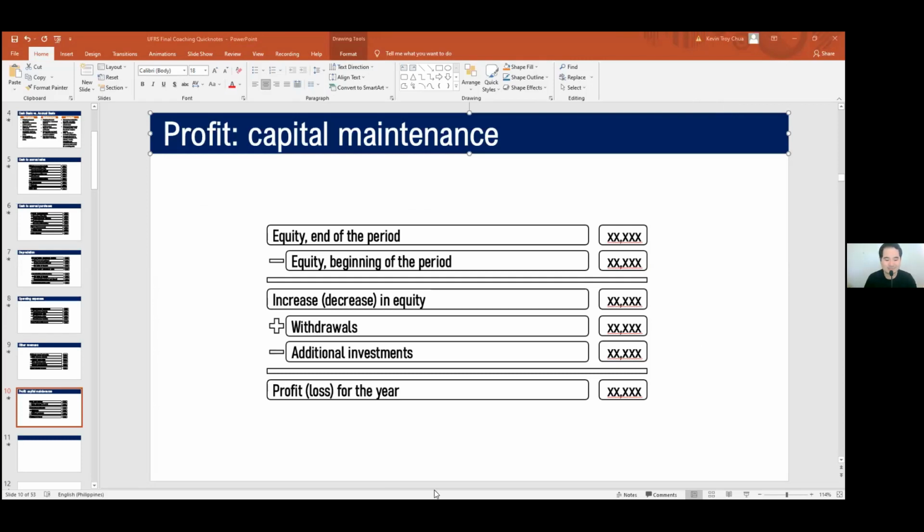Wait lang. Do we have questions in the chat box? Hindi ko makita eh. Wala pa naman po, sir. Ayun, I can see it na. Chat. Wala pa naman. Okay. Sige, mukha naman naintindihan niyo ng mabuti. Sige, later, baka may maisip pa kayong questions later.